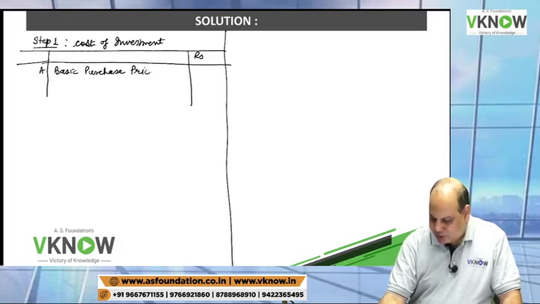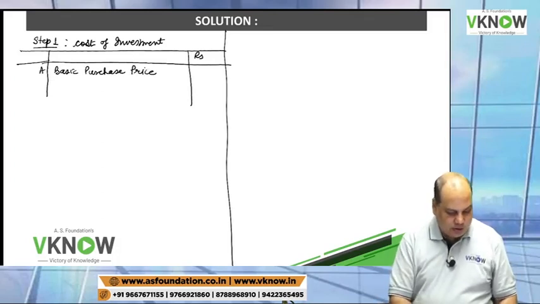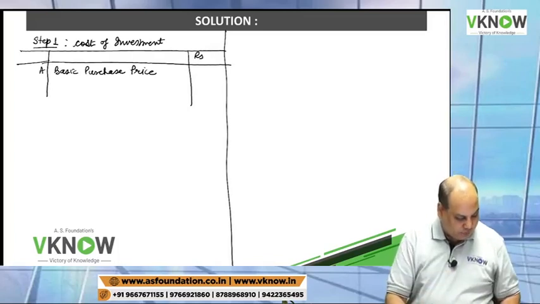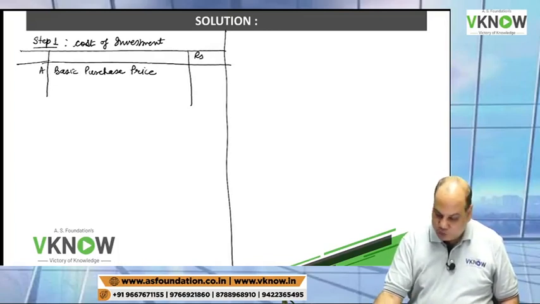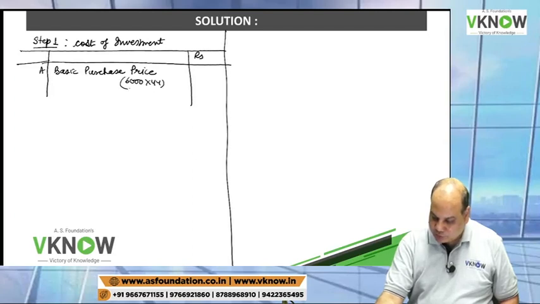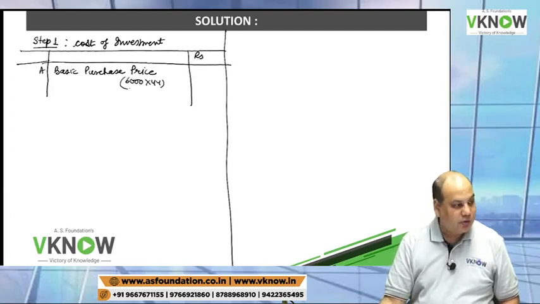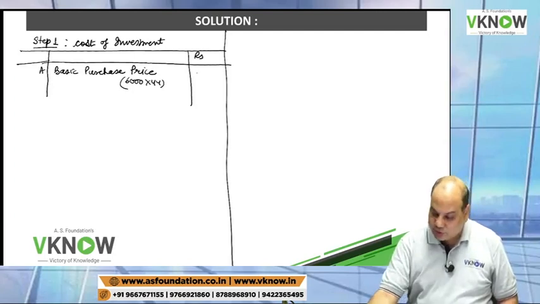If I look at this question, in the third line, 6,000 shares were purchased at 44 rupees. 6,000 into 44 is 2,64,000. Very good.